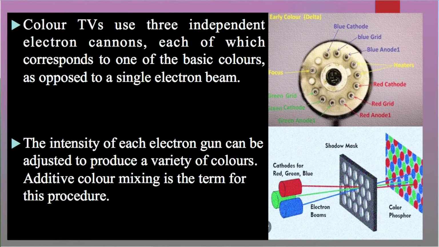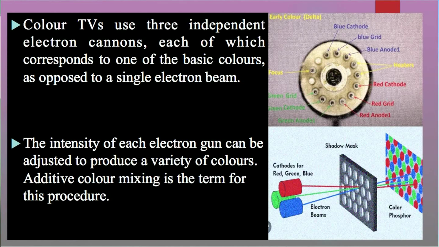The intensity of each electron gun can be adjusted to produce a variety of colors, and additive color mixing is the term for this procedure. So now here you can see on the phosphor screen you have red, blue and green spots, which are the spots heated by the electron guns.